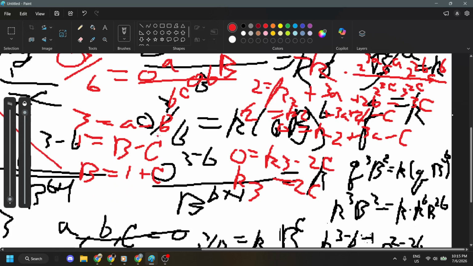We get 3 is equal to a minus 1 minus c, so 4 is equal to a minus c. So k2 is equal to 4 minus a.